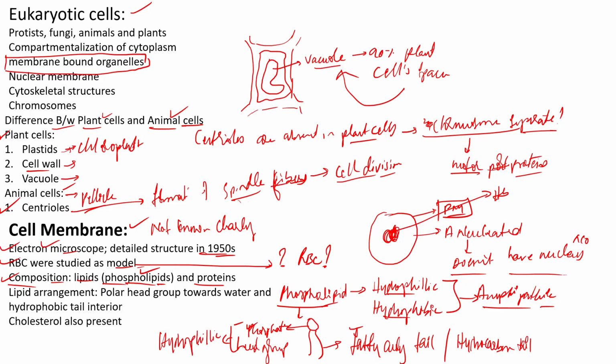The term hydrophilic means water loving, so it shows affinity towards water. Whereas the fatty acyl or hydrocarbon fatty acid chains are hydrophobic, meaning they do not like water; they are water-fearing molecules.